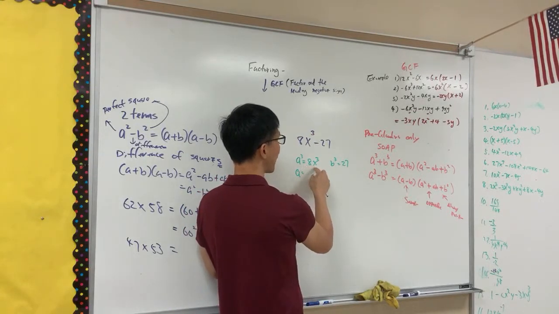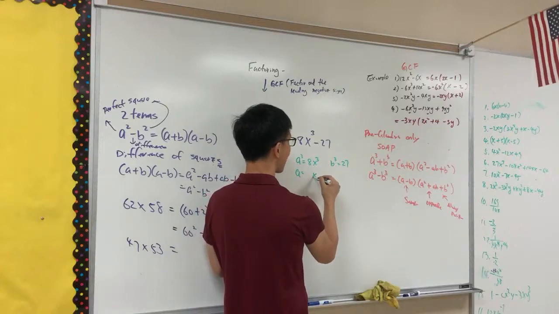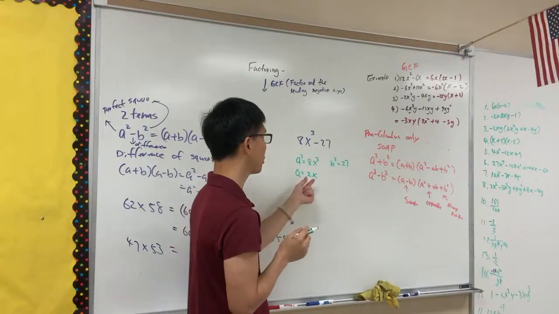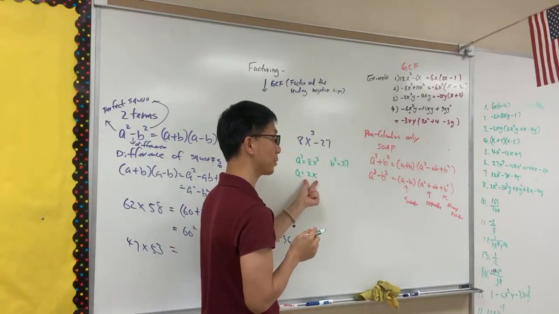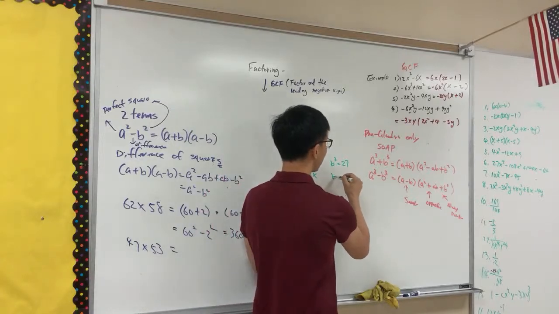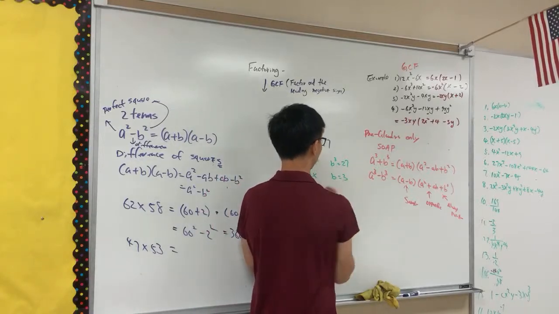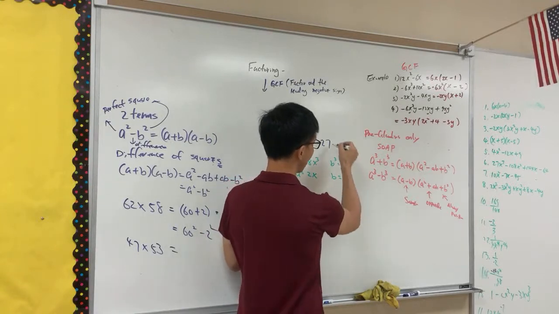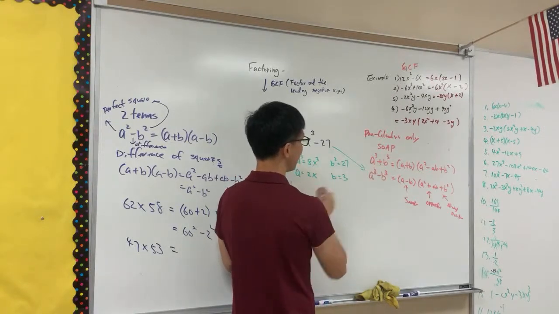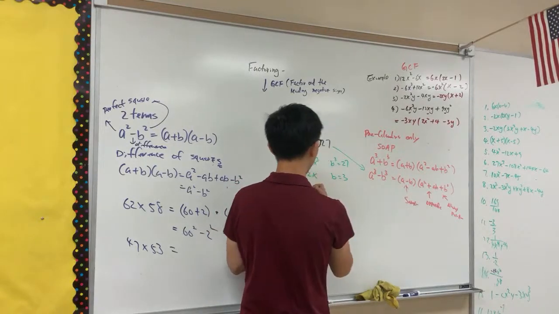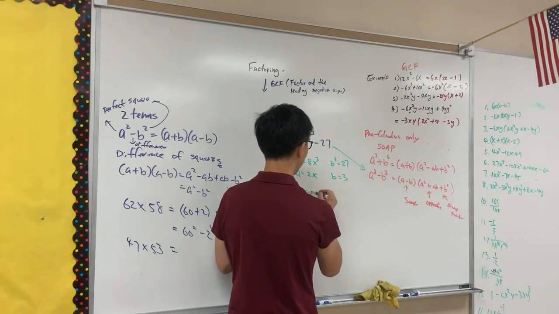The cube root of 8x cubed, that means this is x, and that's 2. Because 2x times 2x times 2x is equal to what? 8x cubed. What is b? 3. And then all you gotta do is follow the formula. Which formula am I following? This one because of the subtracting sign. So I just have to follow this. a minus b, which is 2x minus 3.